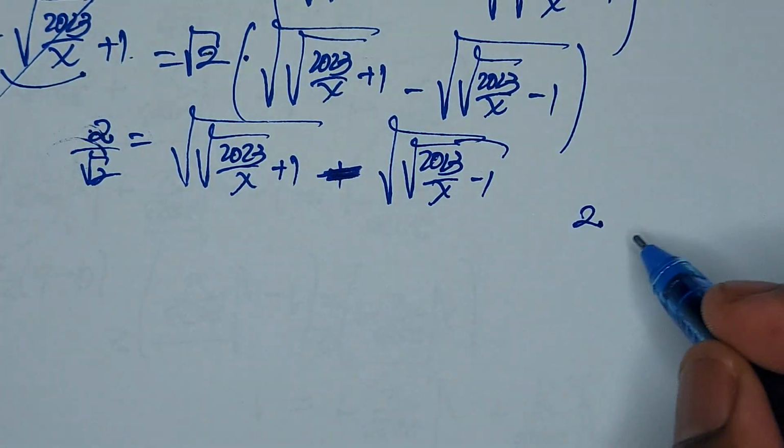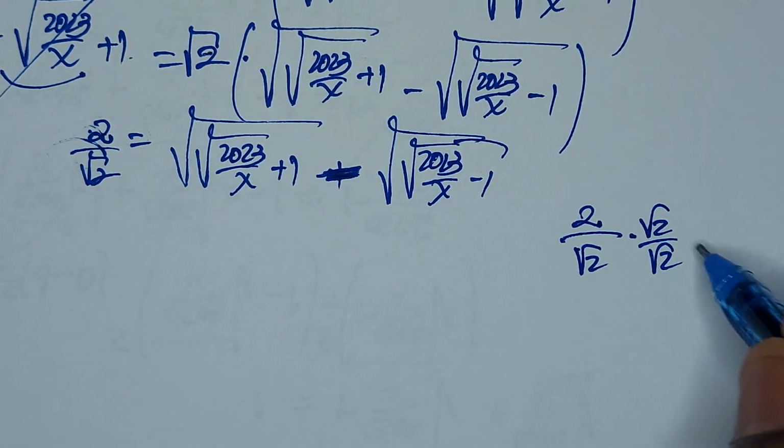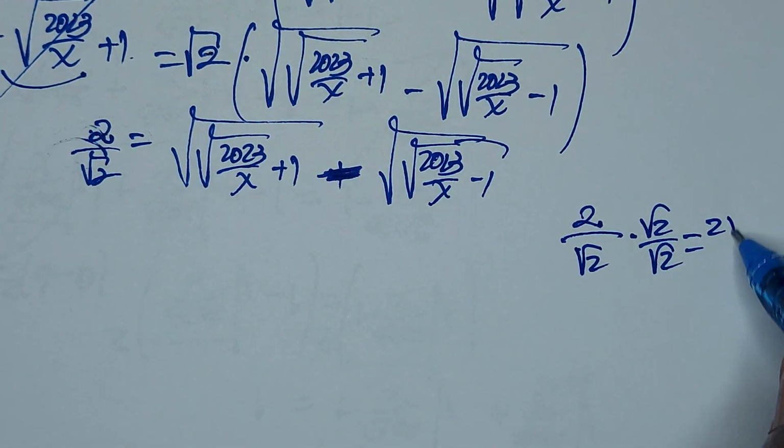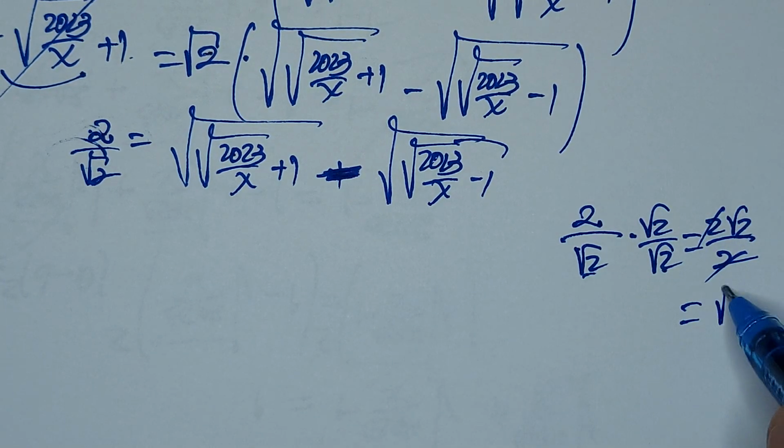This one here is 2 over the square root of 2. Rationalizing, we get 2 square root of 2 over 2, and we're going to have only the square root of 2.